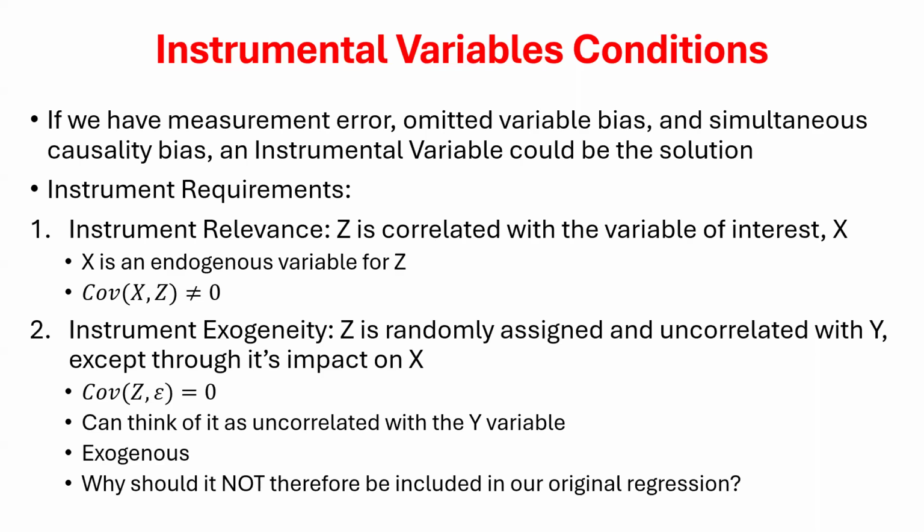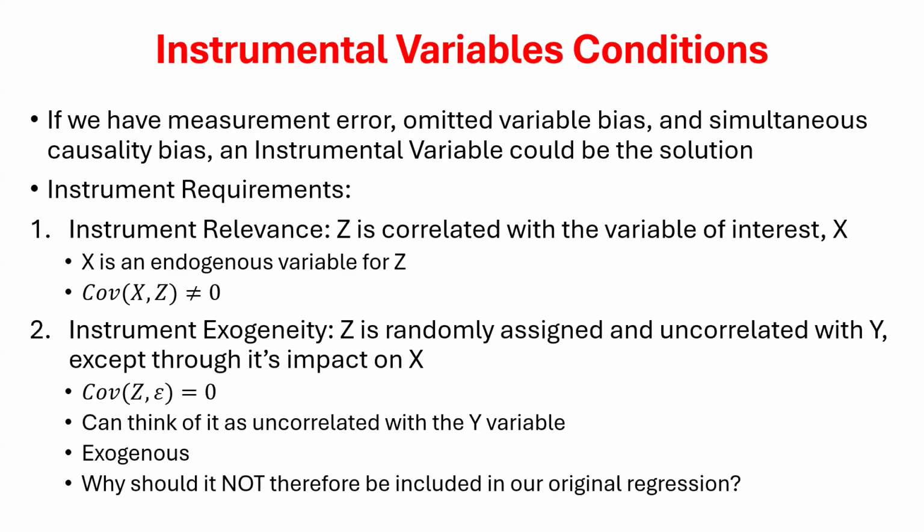So whatever these X and Y variables are, I need Z to be endogenous to that X variable. Or I need the covariance or the correlation between X and Z, my instrument, to be something other than 0.